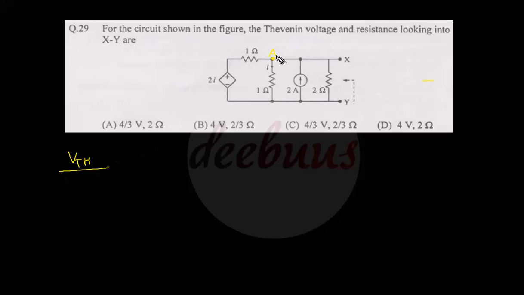So VThevenin by 1 ohm, right? VThevenin by 1 ohm plus again VThevenin minus 2i by 1 plus VThevenin by 2, and the 2 ampere current is entering, that means it is on the right hand side. Now we can substitute what is 2i. I is the current flowing from this point to this point.